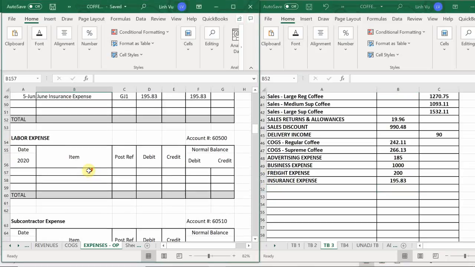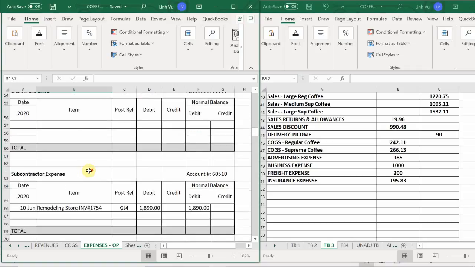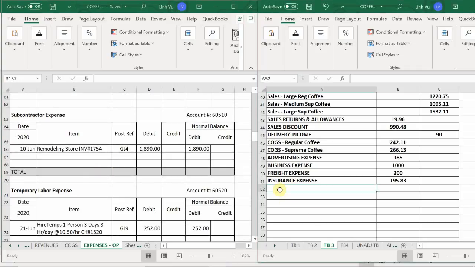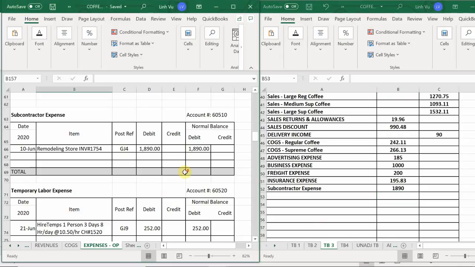Then we have some labor expense, right? We have our first one, our subcontractor labor expense. Subcontractor expense. Okay, for a total of $18.90. And here's something new, right?